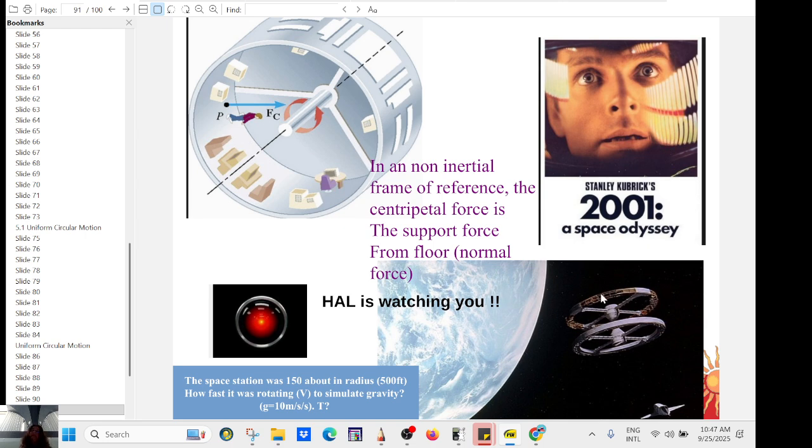And you see in that movie, that spacecraft here, it's not a spacecraft, it was a space station. If you are in a rotating space station, a rotating frame of reference, inside that frame, you're going to feel a centrifugal force, right?